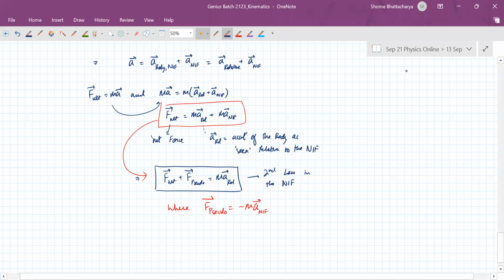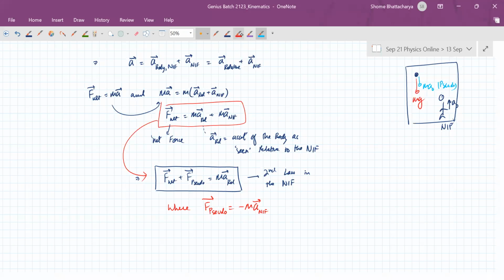So from that perspective, what the observer inside the elevator would say is that on this body as it is in free fall, because he has become a non-inertial frame, which is traveling with an acceleration a naught upwards, there's a combination of mg and pseudo force.